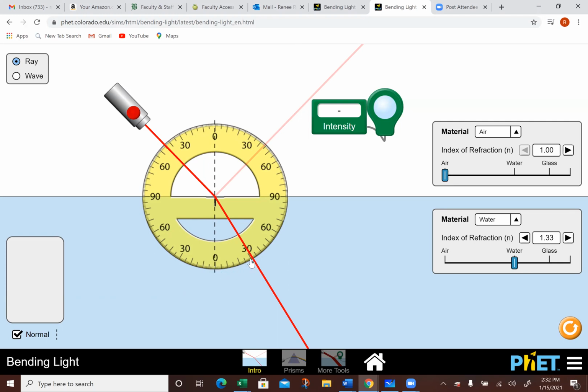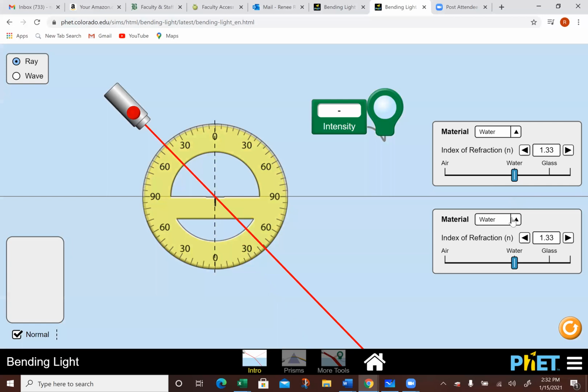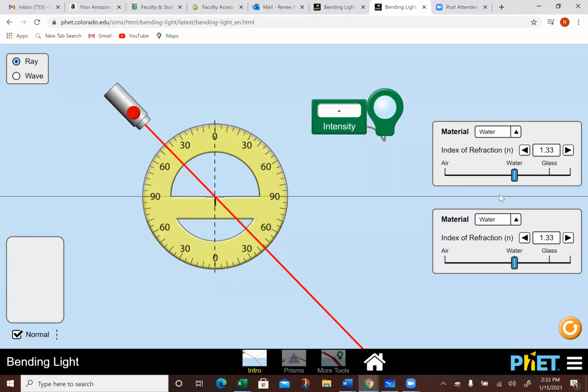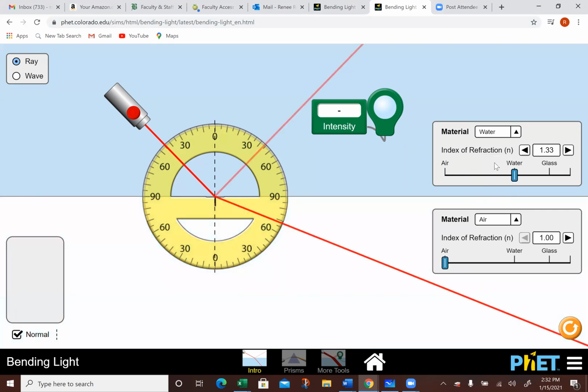So that means towards. If my angle decreases, I go towards. That's water to water, it's straight. If I bend away, my angle is going to get bigger. Watch this one, see how it went further away. If it goes straight through and then that angle gets bigger, right now that angle is like 45 degrees, and now it's 67, almost 70 degrees, so it's swinging to become a bigger angle.